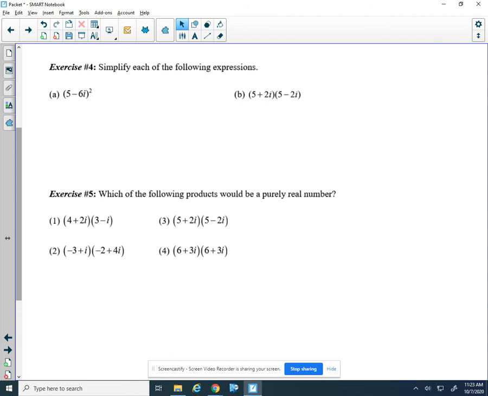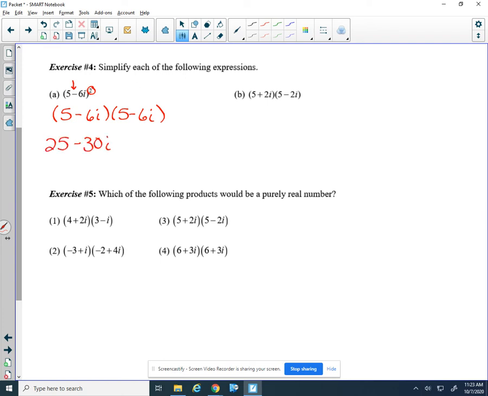So here's exercise 4. Now, these are still complex numbers with multiplying. I see that squared there, and we see subtraction, so I need to write this one twice. Okay. So 5 times 5 is 25, -30i, -30i, and then plus 36i squared.